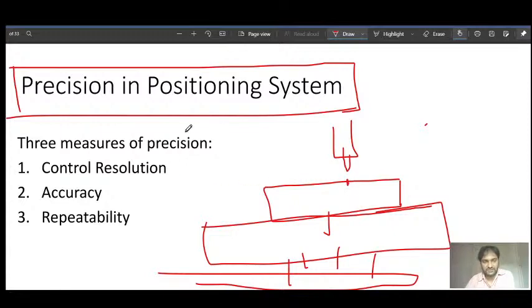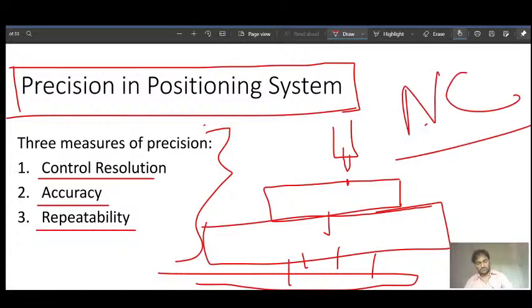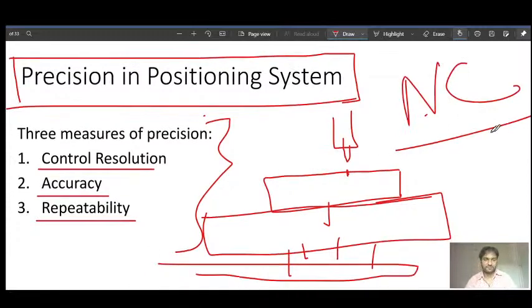So for that, we require these three things in our position system, and we measure the precision of position system in these three ways. So we will discuss control resolution, accuracy, and repeatability for NC system in positioning.